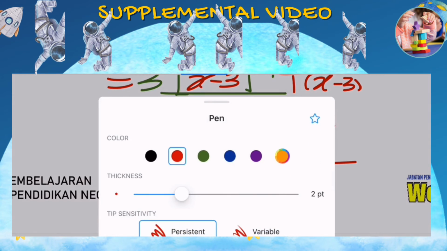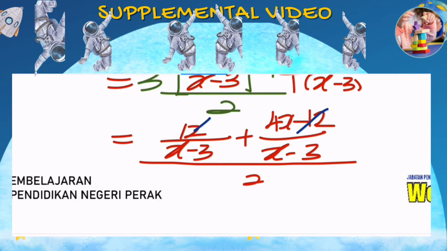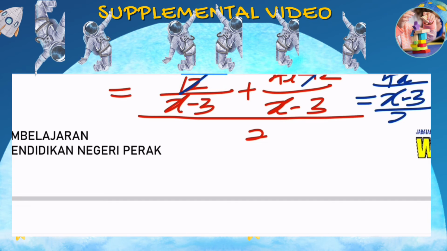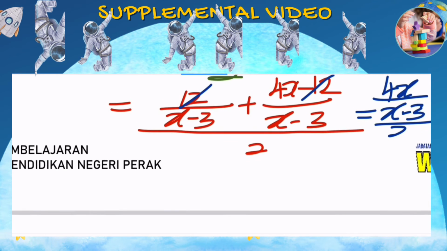So now we can join the fraction. The 12 minus 12 cancel out, so left 4x over (x minus 3) over 2. If it is over 2, it means 4x over (x minus 3) divided by 2, okay?